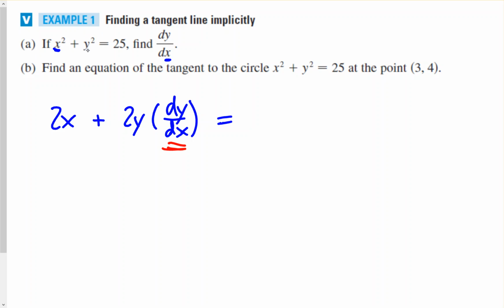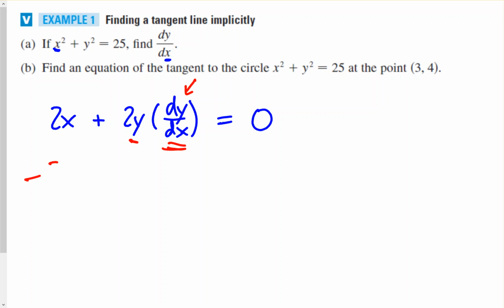When we take the derivative of a y term, then we have to remember to take the derivative of the base and multiply by it. And the derivative of 25 is 0, right? Derivative of the constant.